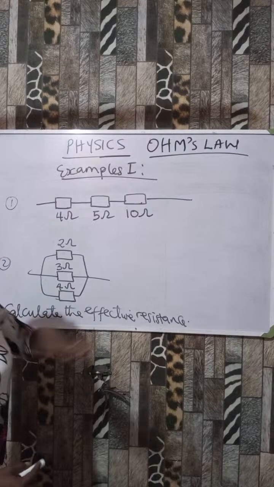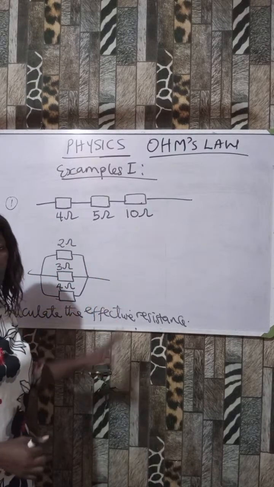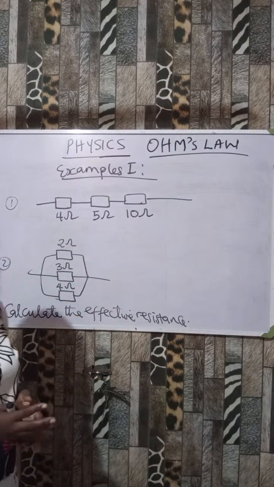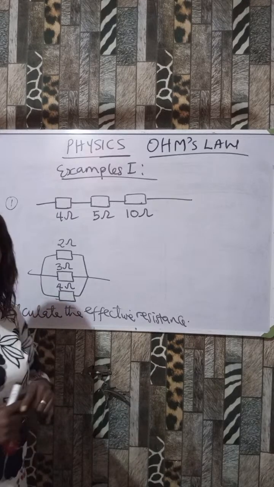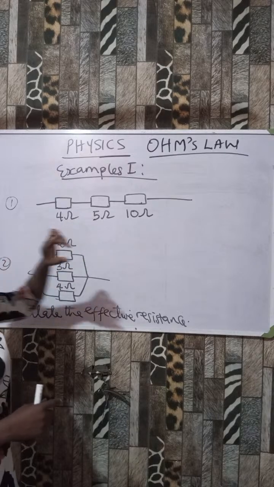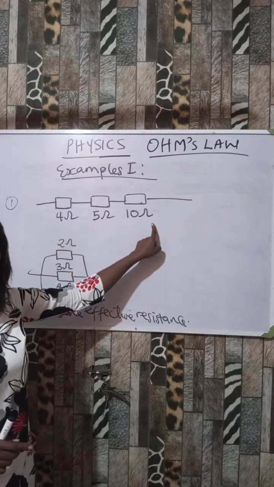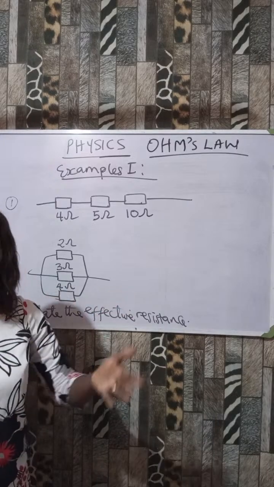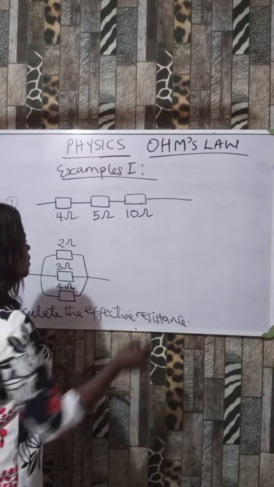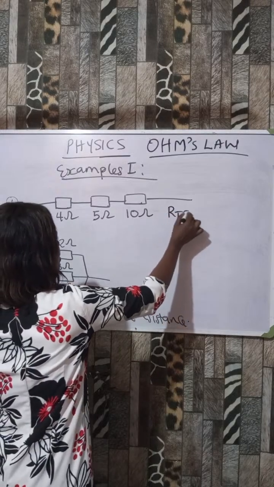Okay, let's solve. This is question 1 and this is question 2. But what are we looking for from both of them? We are looking for the effective or the total resistance. So how do we get the total resistance? Now, this one is resistors connected in series. Remember the formula. When they are in series, you're just going to add them as if you're adding numbers, okay? Now, the effective resistance for this is equal to what?